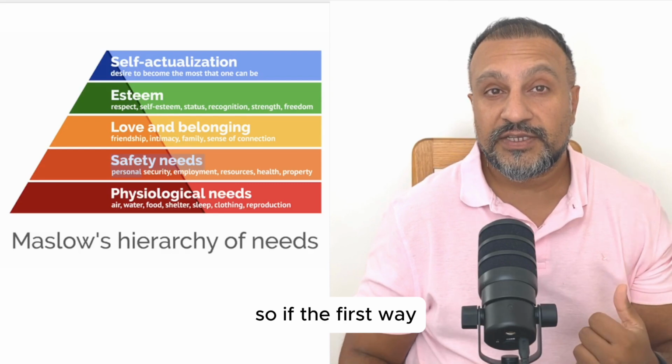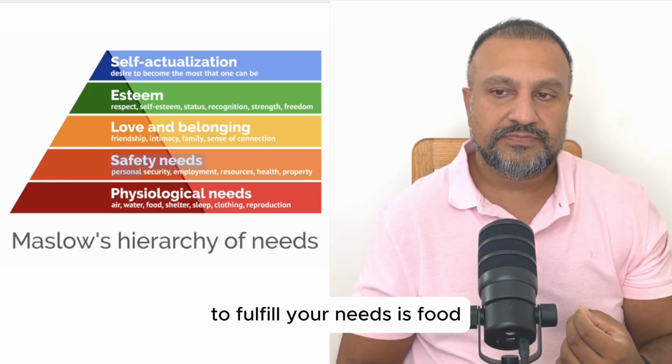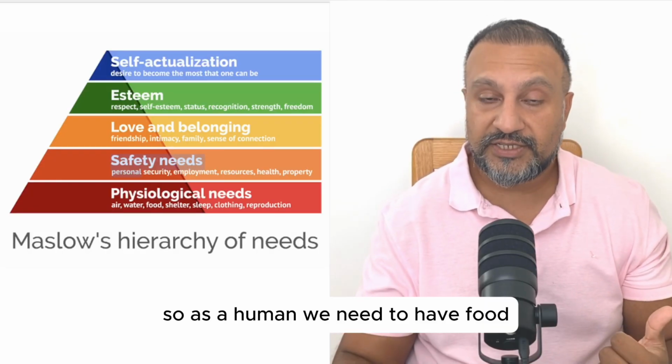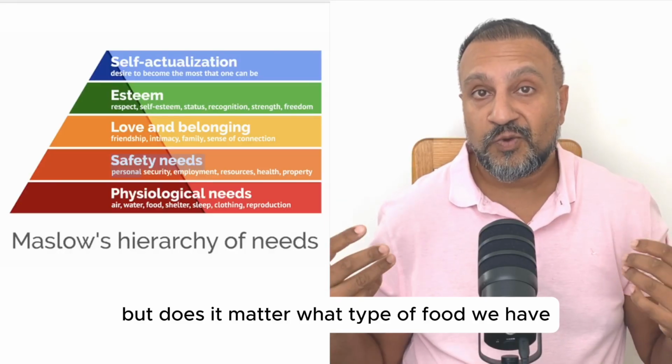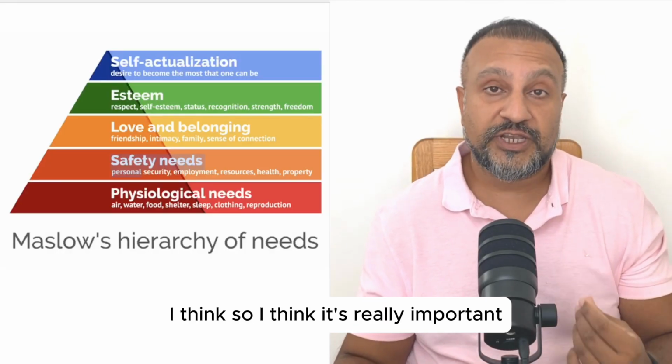So if the first way to fulfill your needs is food. So as a human, we need to have food. But does it matter what type of food we have? I think so. I think it's really important.